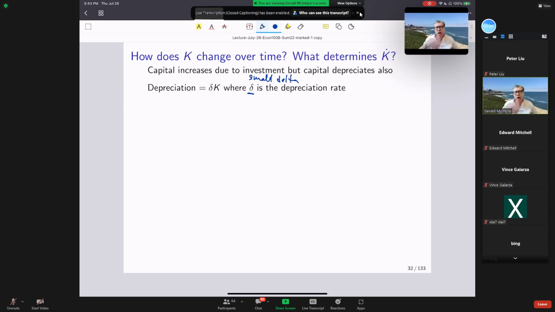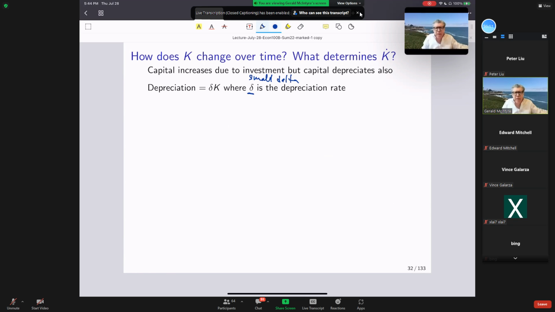We'll be looking at what's called straight line depreciation. What we mean by straight line depreciation is the following. If 10% of a piece of machinery falls apart every year, you start with 100%. After a year, you've only got 90%. After another year, you've only got 80%.